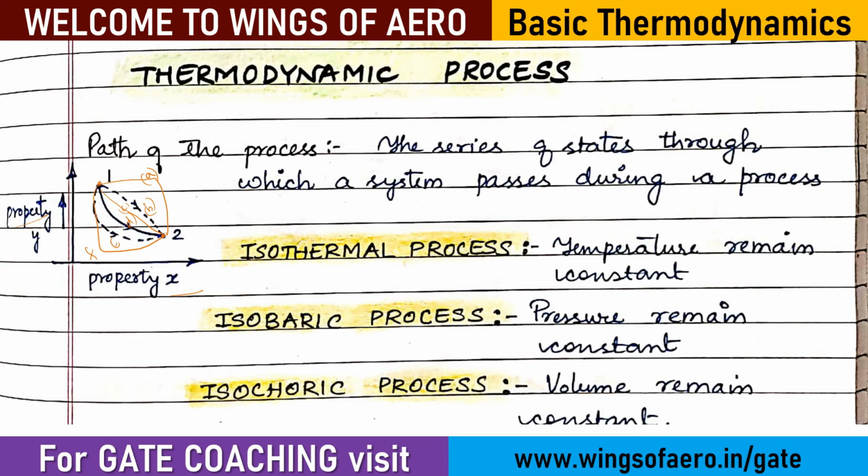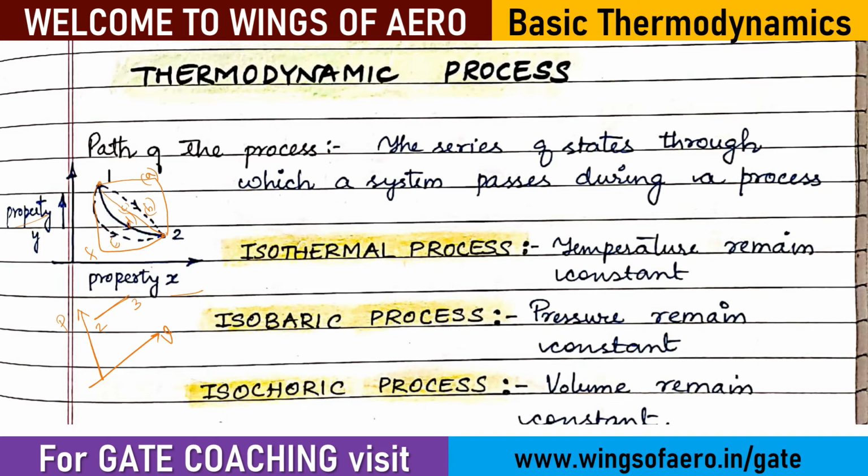Already you know that in a combustion chamber it works as an isobaric process. That means if I want to draw a graph of volume versus pressure, we used to see this line. 2 to 3 is this combustion process of a gas turbine engine.